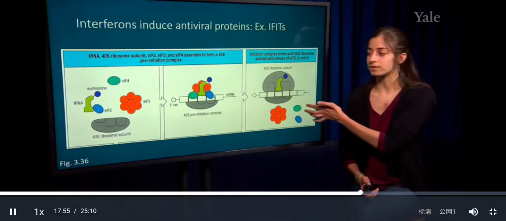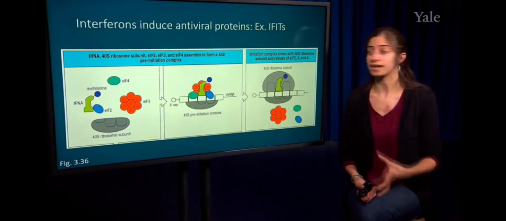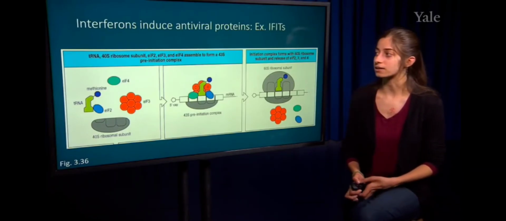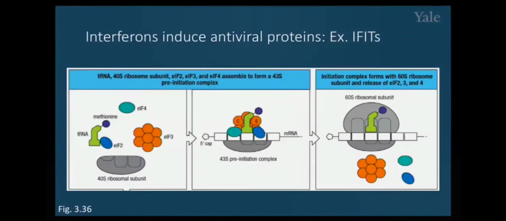An example of one of these antiviral proteins, or these ISGs, are IFITs. So normally what will happen in a cell is you have your tRNA, your 40S ribosome subunit, and then EIF2, 3, and 4, which all assemble to form a pre-initiation complex, which will then allow for the induction of translation.